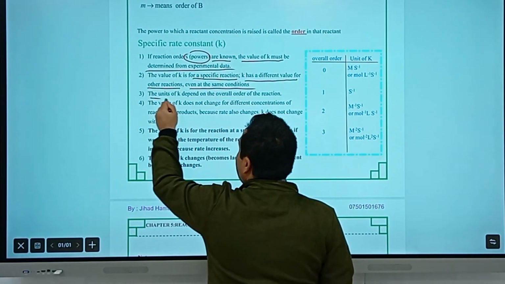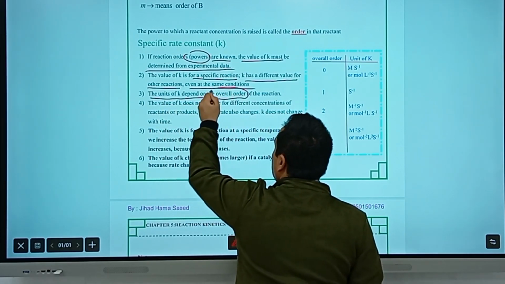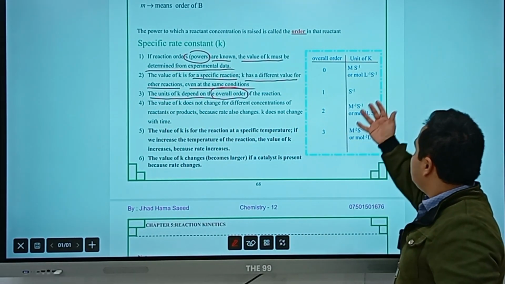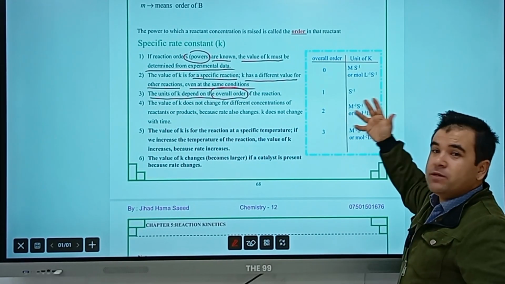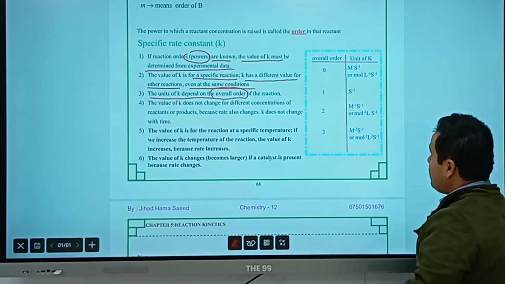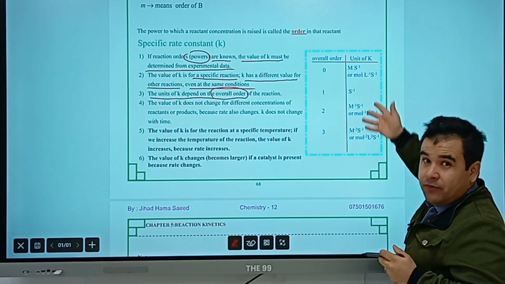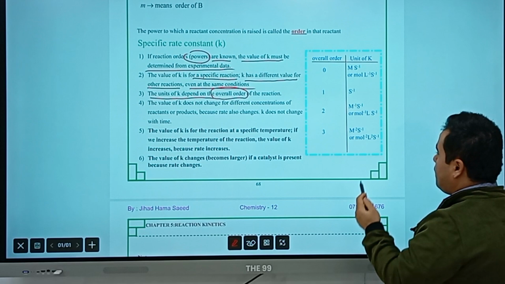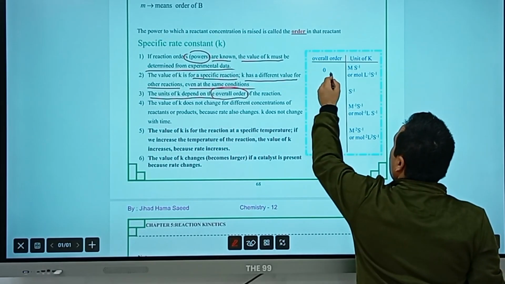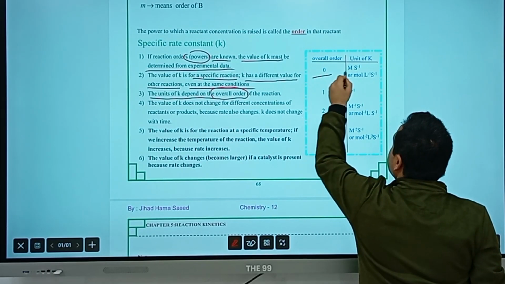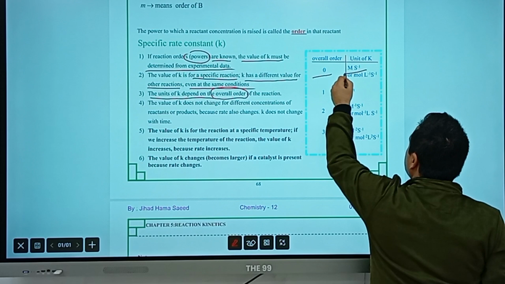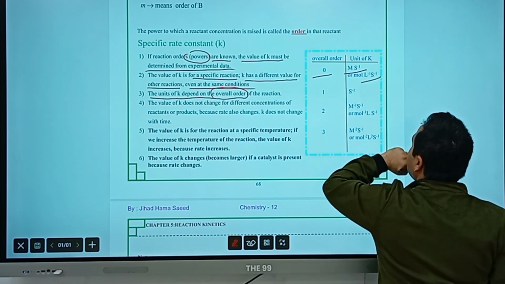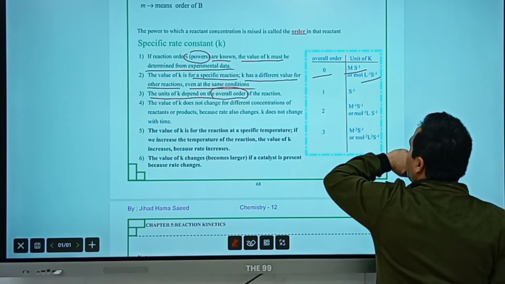The unit of K depends on the overall order. How? This is very important. I have represented here, guys. I will show you how to derive these units, but first of all, let me tell you, if the overall order is 0, the unit becomes M s minus 1 or mol L minus 1 s minus 1.